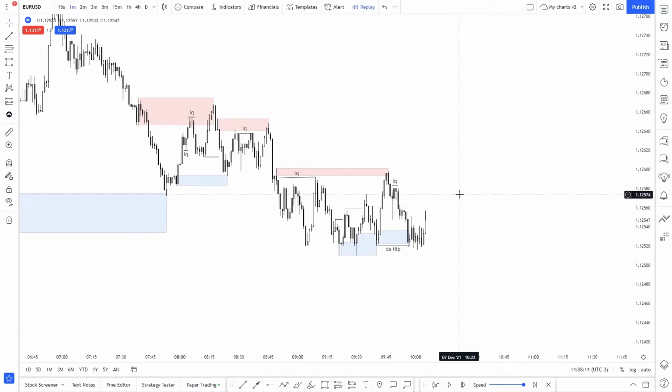Would I go for this? I mean, this is a sponsor candle due to the fact that it took liquidity, it's reacting to supply. This supply, if we think about it, could be considered the pause just before the break of this low, right? So somewhat of an important area for price.